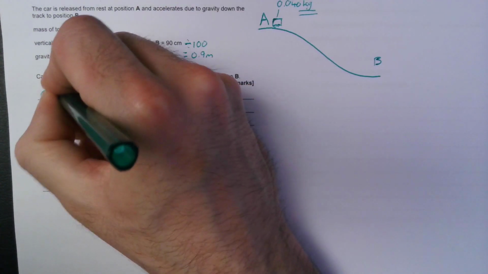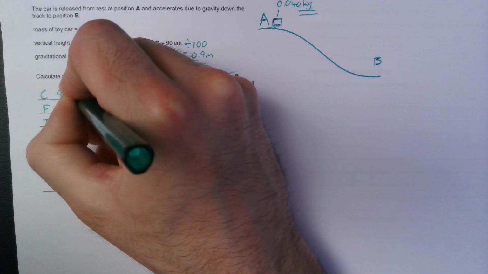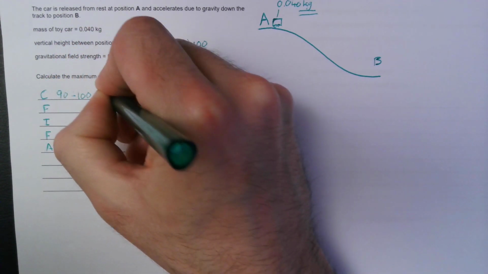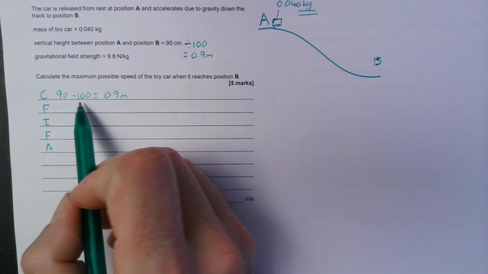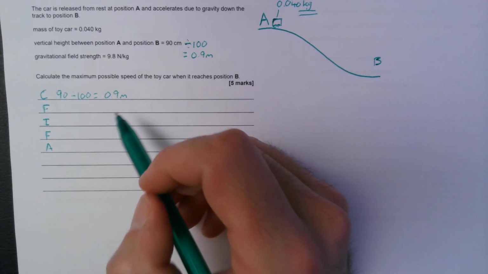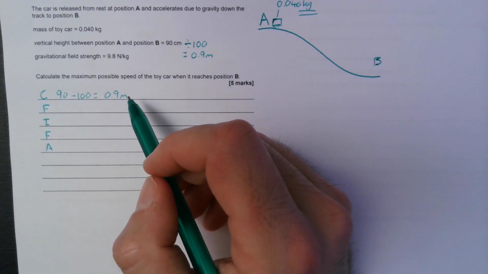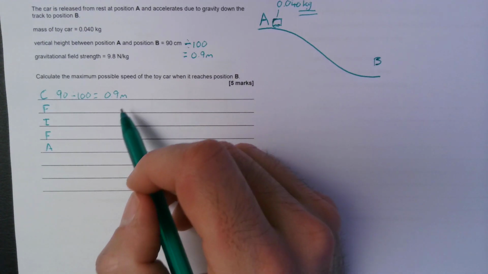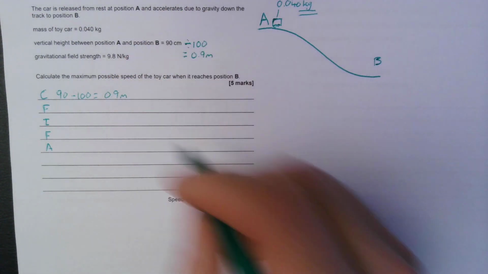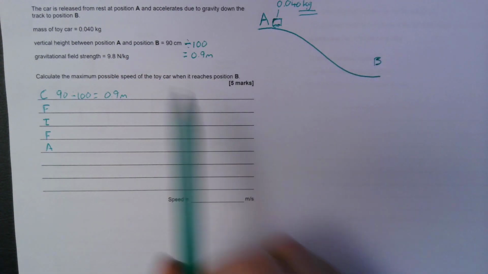We do 90 divided by 100 equals 0.9 meters. So you just have to remember, for centimeters, divide by 100. Remember, centi means one hundredth. You should know that from maths anyway. Okay, so that's our first thing that we get the mark for.